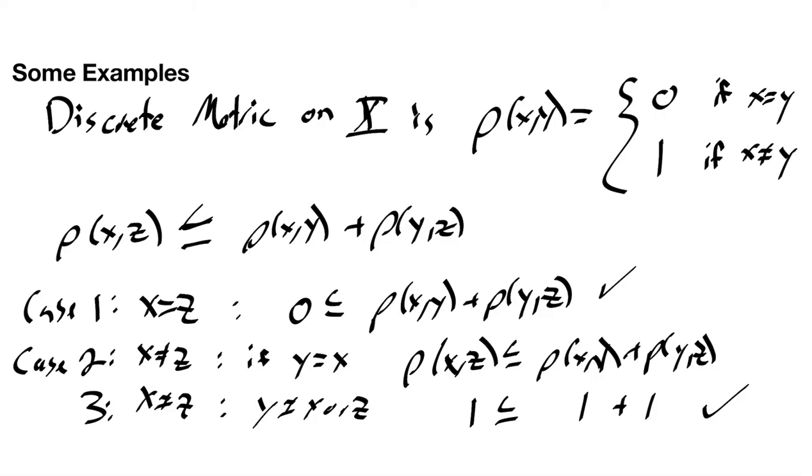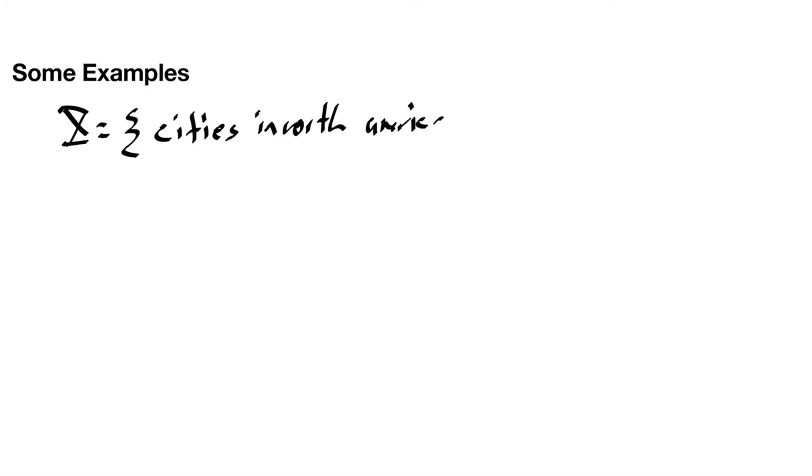Okay, let's go through just a handful more. So there's one that I call the driving distance metric. And that is, we'll let X be the set of all cities in, say, North America, cities that you could drive to in North America.